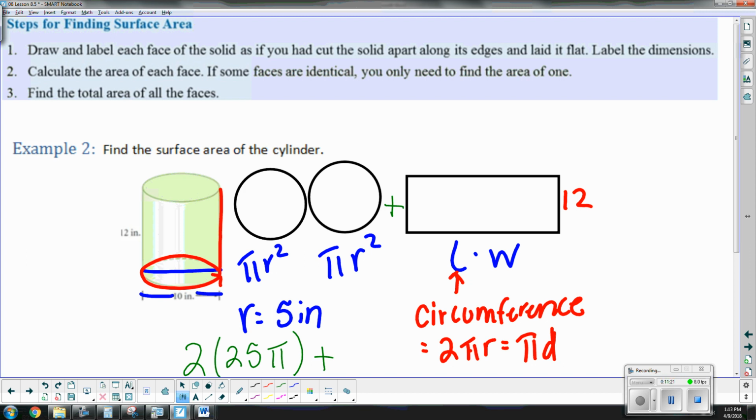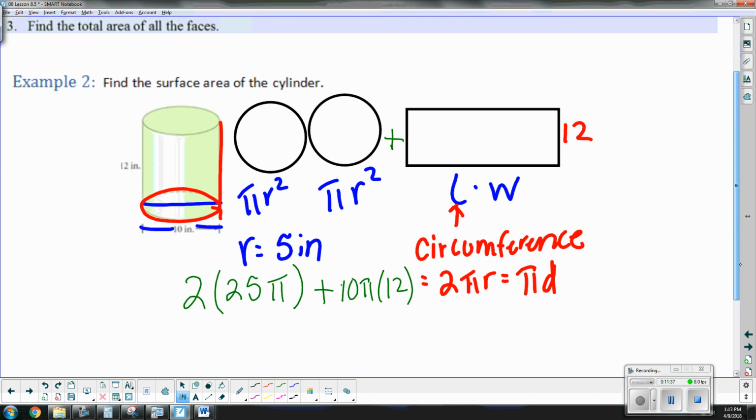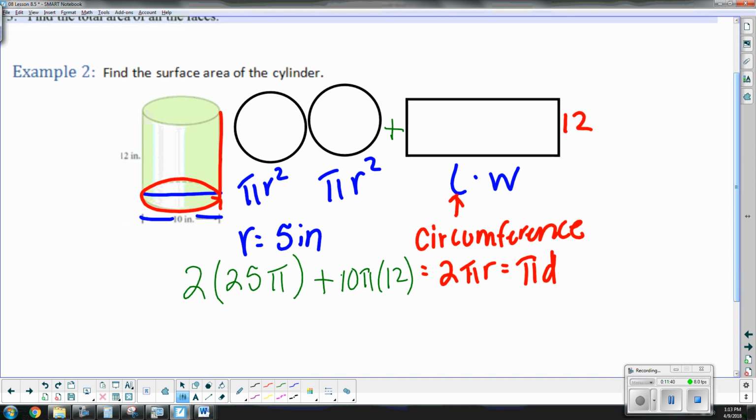length times width, where we said the length was the circumference, which is pi times diameter. The diameter is 10. And that's multiplied by the width, or the height.